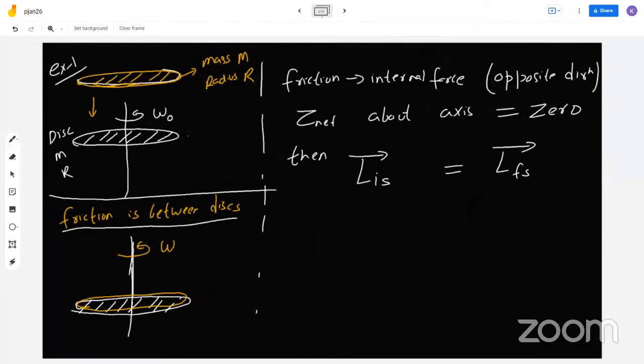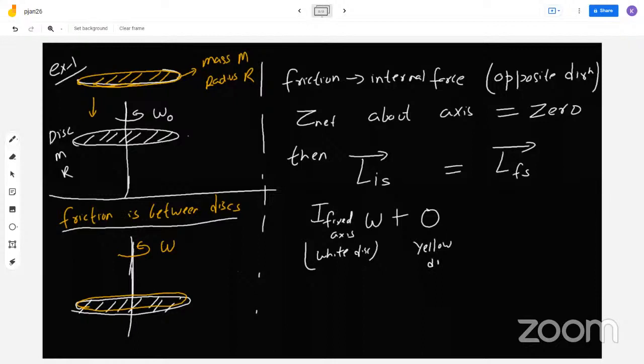What will be the I of the white disk about the fixed axis? The yellow disk has nothing initially, it was at rest, so it contributes 0. So it is MR square by 2 into omega naught plus 0.